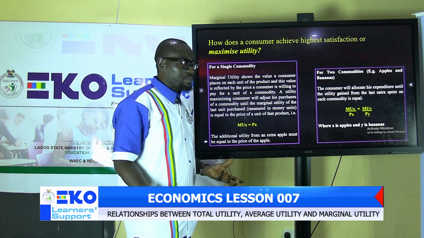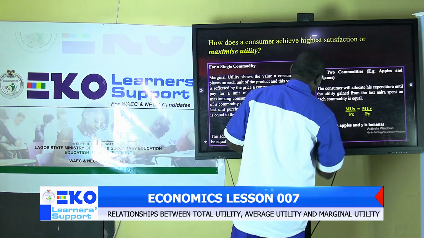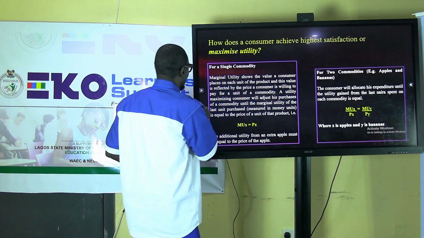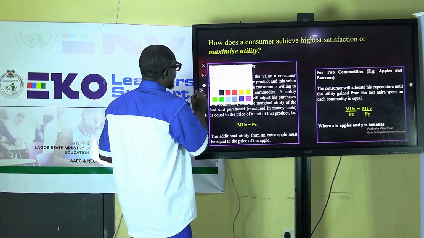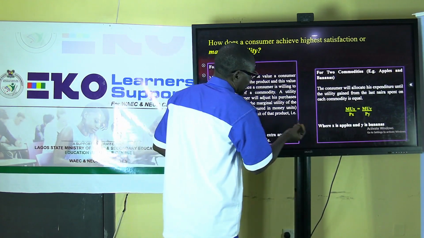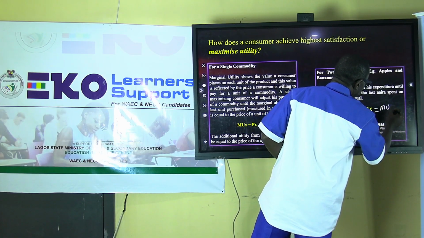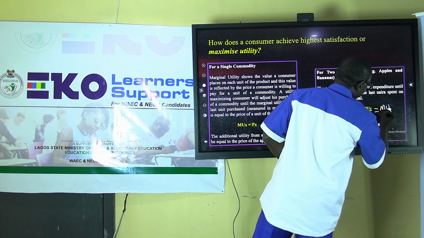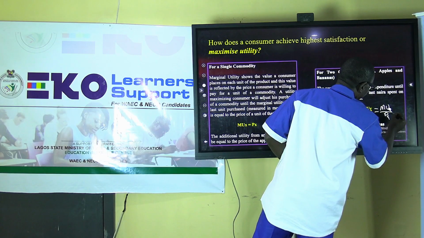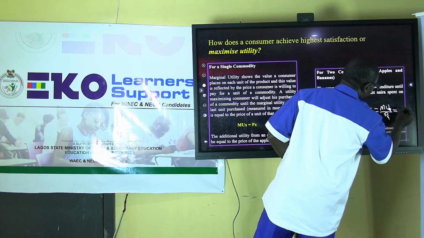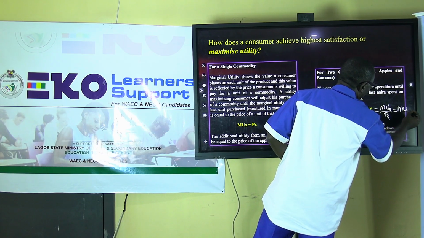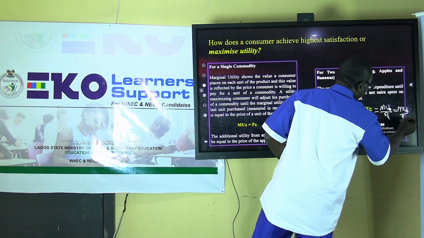Where you have more than one product, it continues like that. So if we had another product, say it's a 3-product scenario, then we would have this also being equal to the marginal utility of another product divided by the price of that product, and so on.